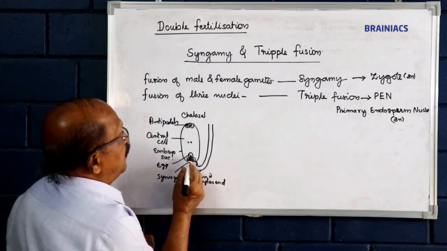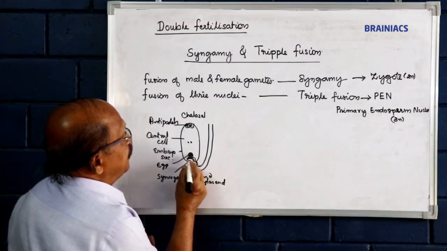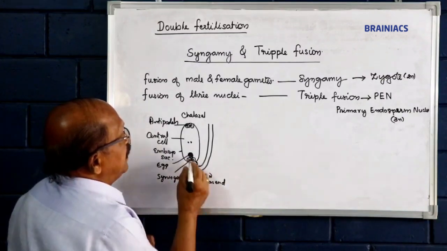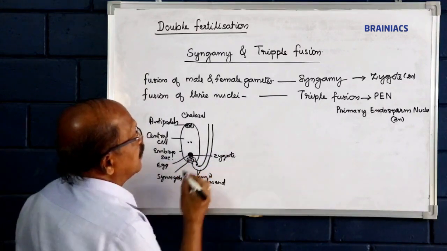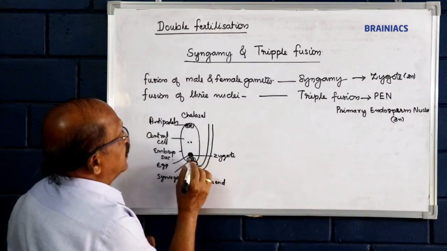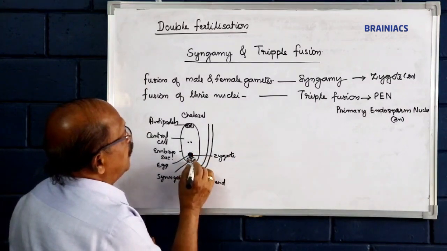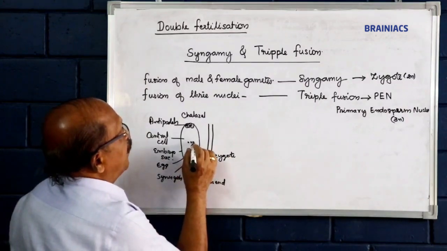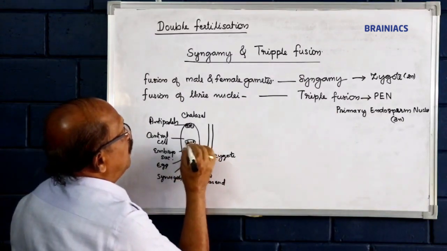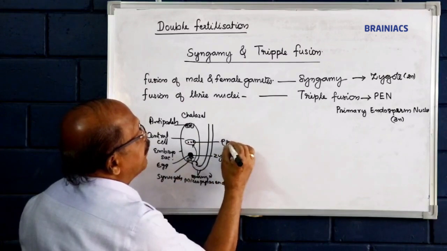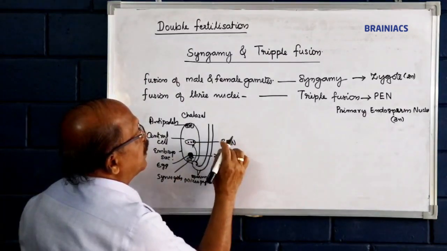One of them fuses with the egg. That is syngamy, formation of zygote. The other nucleus moves towards the polar nuclei and they fuse to form the primary endosperm nucleus.